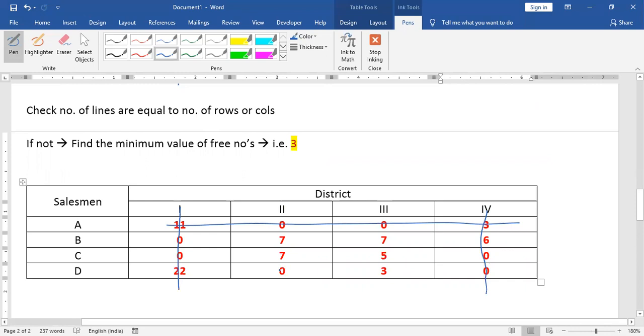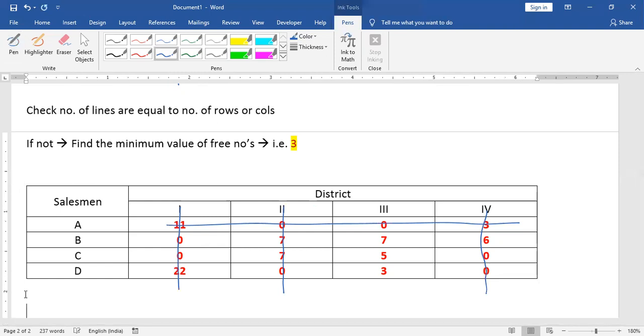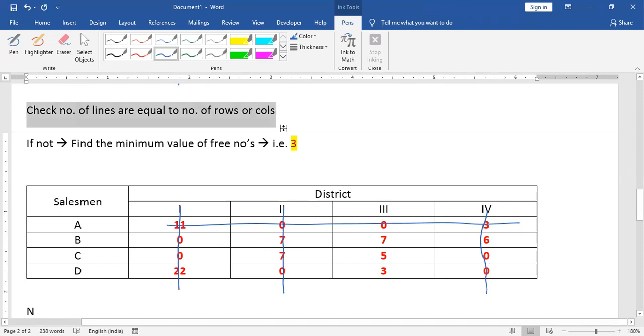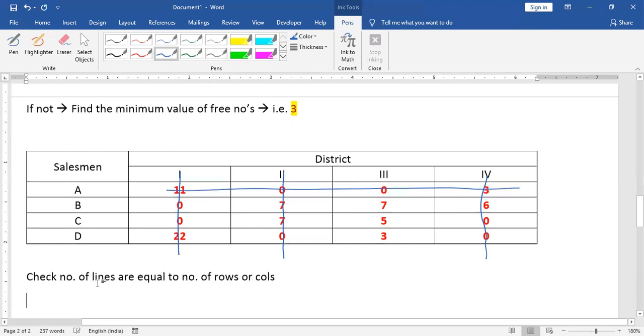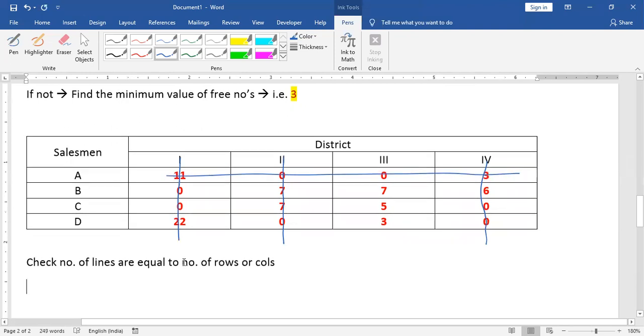You can draw either horizontal or vertical. I'll draw a vertical line. So we can see there are 4 lines, right? That means we check whether the number of lines equals the number of rows or columns.